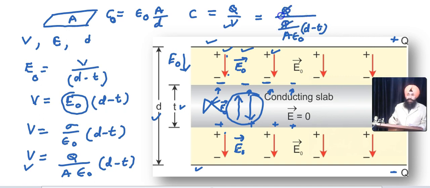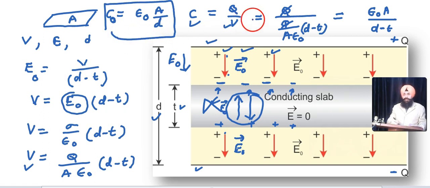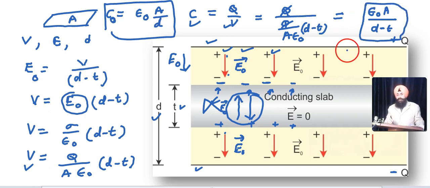Now Q and Q cancel out. What becomes then? It is epsilon naught A upon (d minus t). So this is the value of the capacitance. When there was no conducting slab, the capacitance was C naught. When there is a conducting slab, the capacitance is epsilon naught A upon (d minus t).